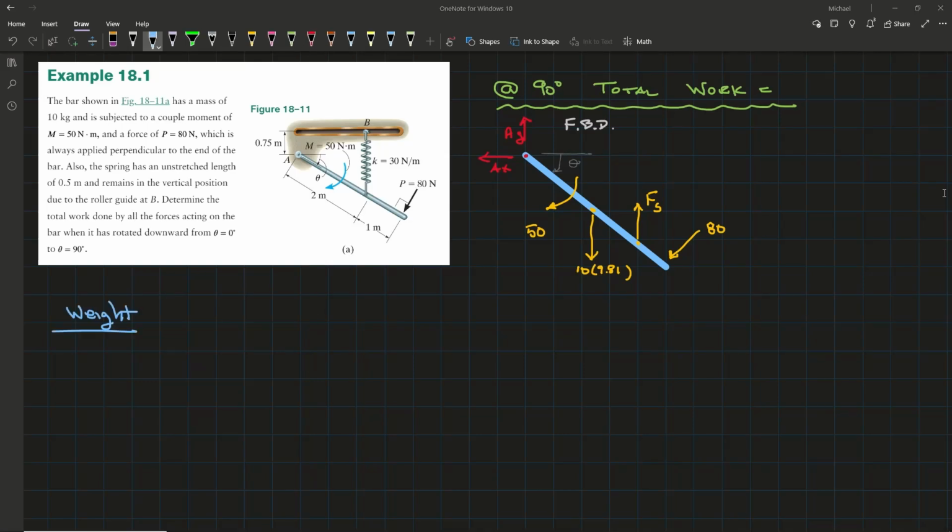Okay, let's begin with the weight. So the work of the weight is, well, we have the weight, which is 98.1, and the distance that our center of mass moves, if half of this rod length is 1.5, when we go to 90 degrees, if we start at 0 and go to 90, then we have moved a vertical distance of 1.5, and that is our 147.2 joules.